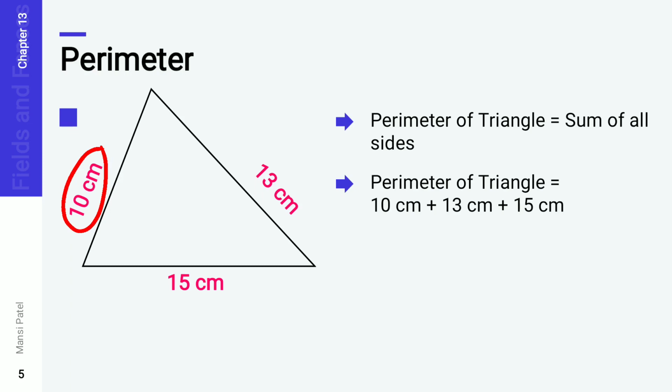You can move clockwise or you can move anti-clockwise also. Whichever way you want, you can do it. So here we are moving clockwise. So first we write down 10 centimeter, then 13 centimeter and then 15 centimeter.